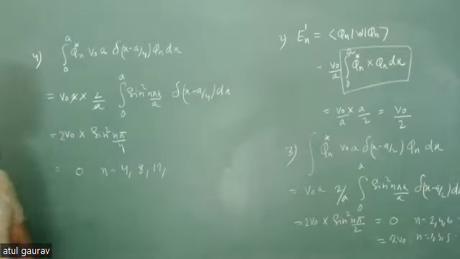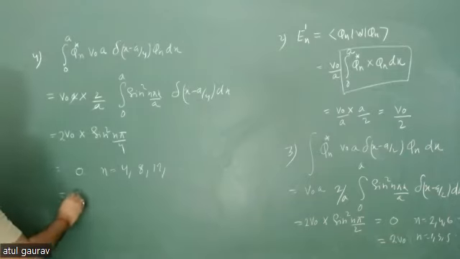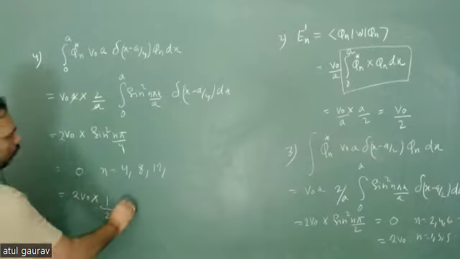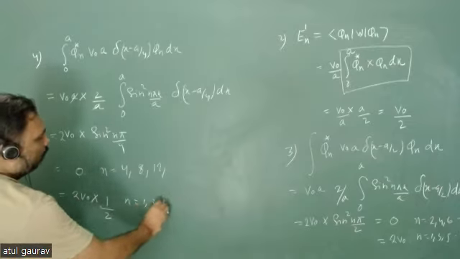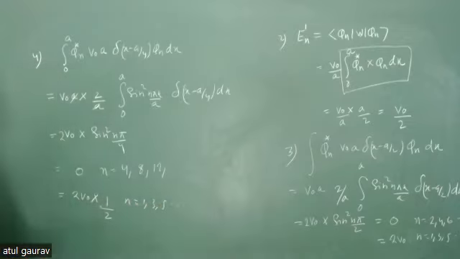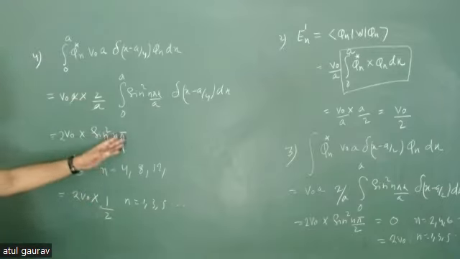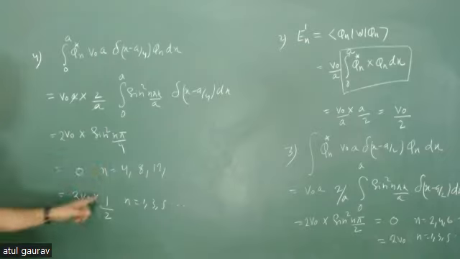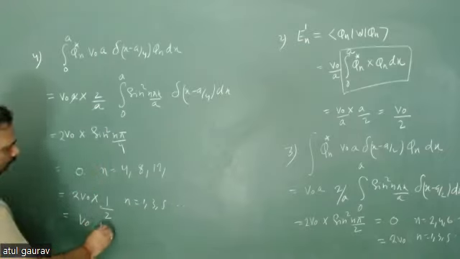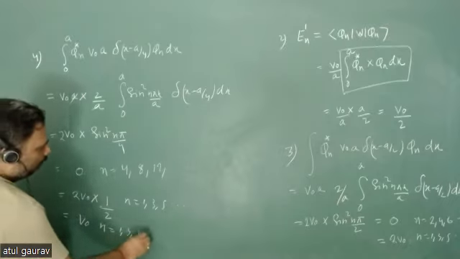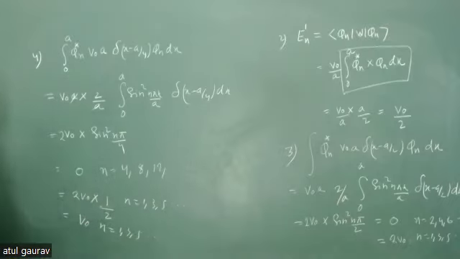And this value is equal to 2V naught into 1 by 2 for n equal to 1, 3, 5, and so on. Right? Sine square pi by 4, that is 1 by root 2 whole square. So this value is equal to V naught when n is equal to 1, 3, 5, and so on. Now what all is left?